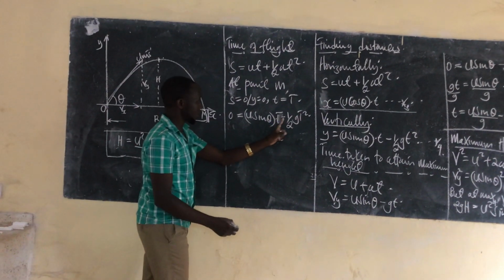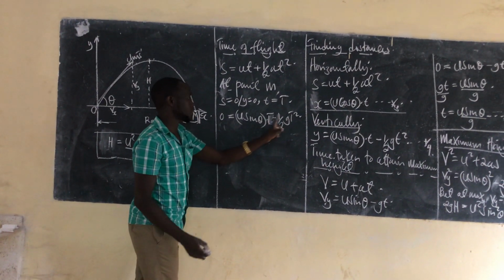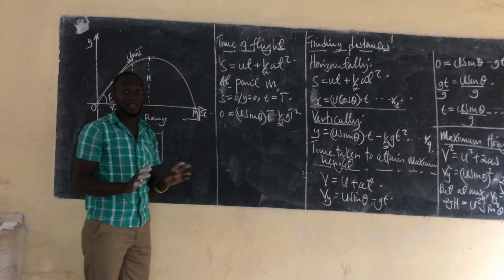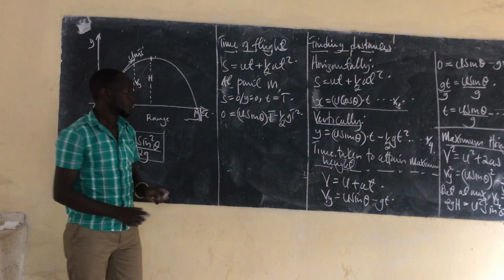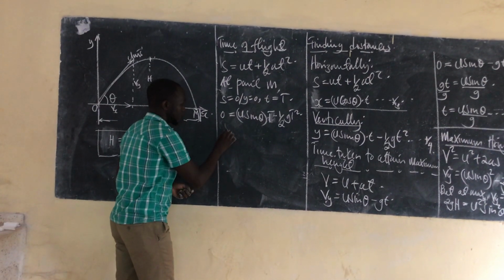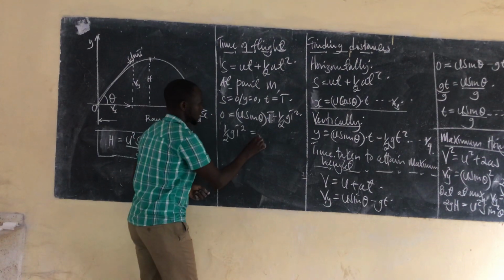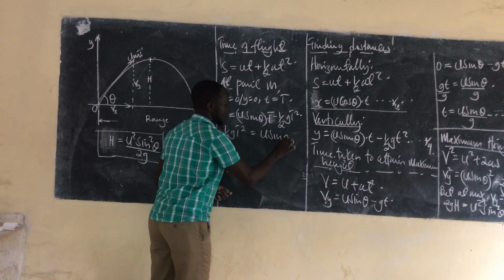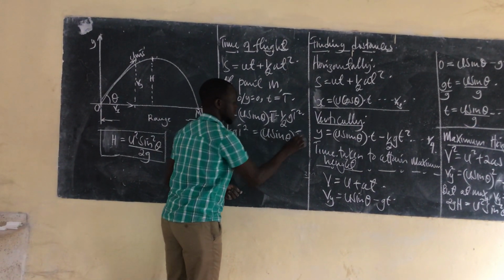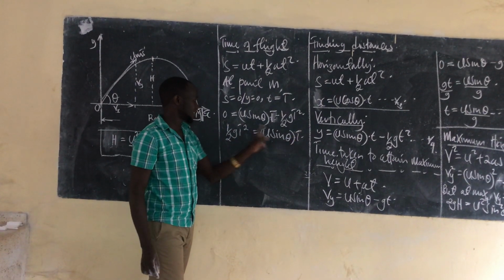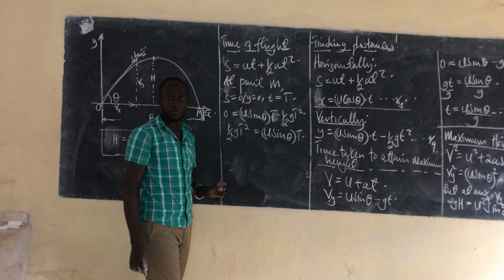When you have this, you can either factorize out what is common, which is T, or bring this to this side. Do whatever is easier for you. It is a half g T squared equal to u sine theta times T. The T will cancel with the square, leaving one T on this side.